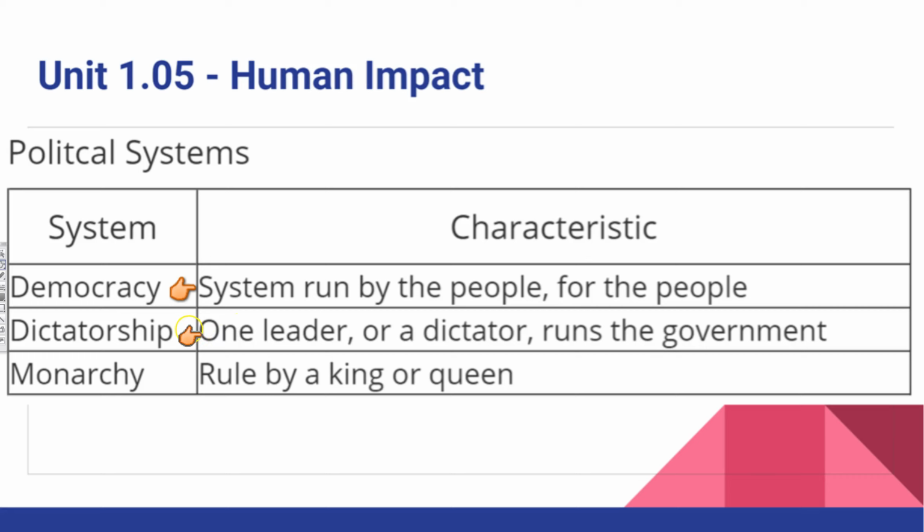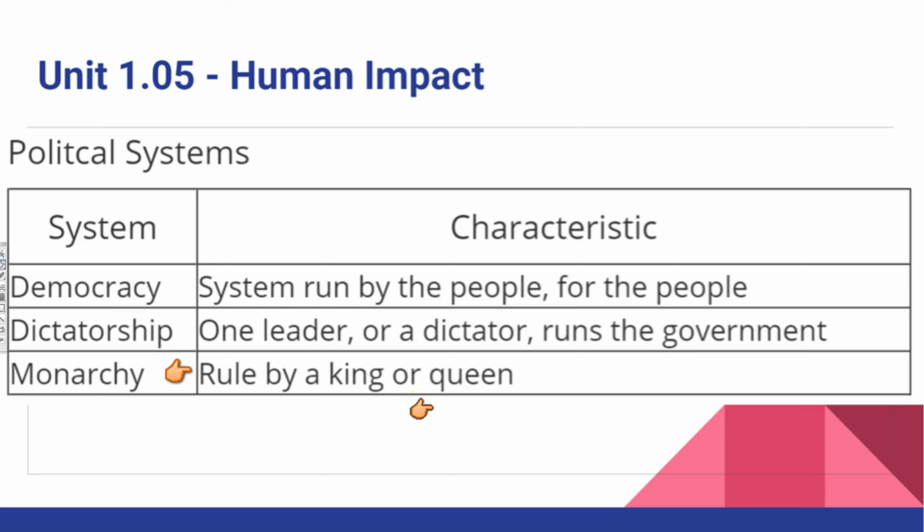You also have a dictatorship when we're looking at different countries. So you have one leader or dictator that runs the government. I would say something like North Korea would be that. And then like a monarch, okay? A monarch is like a king or queen who rules it.